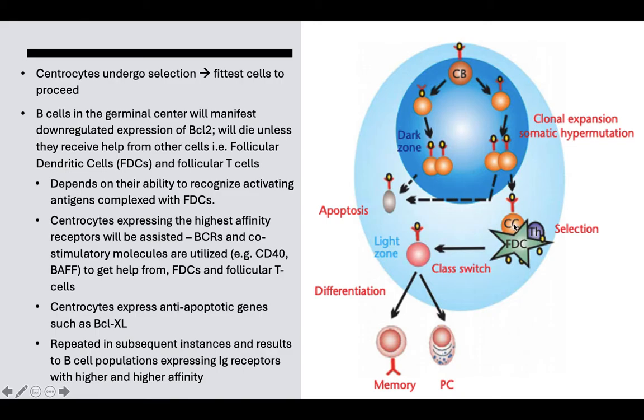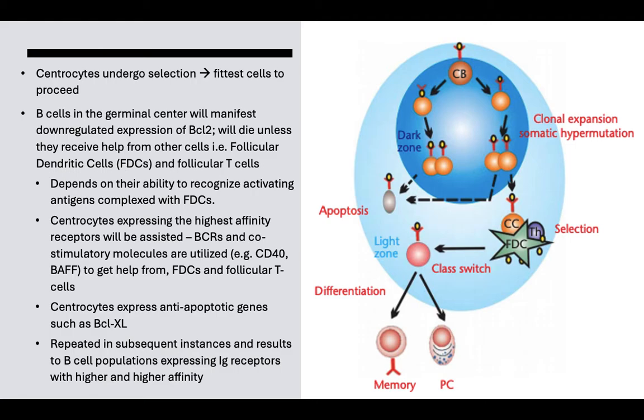Now, the assistance or the interaction between a centrocyte and a follicular dendritic cell as well as a helper T cell will depend on the ability of the centrocyte to recognize activating antigens.